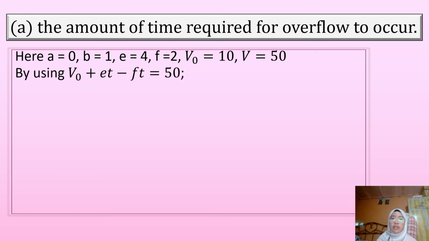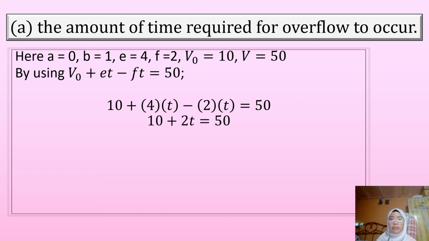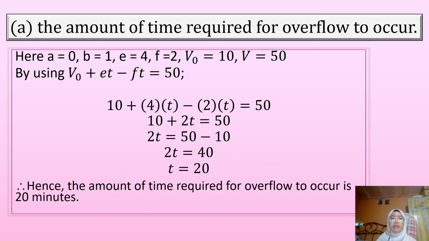By using this formula, initial volume plus Et minus Ft equals 50, we will have 10 plus 4t minus 2t equals 50. So 2t equals 50 minus 10, which gives 2t equals 40, hence t equals 20. Therefore, the amount of time required for overflow to occur is 20 minutes.